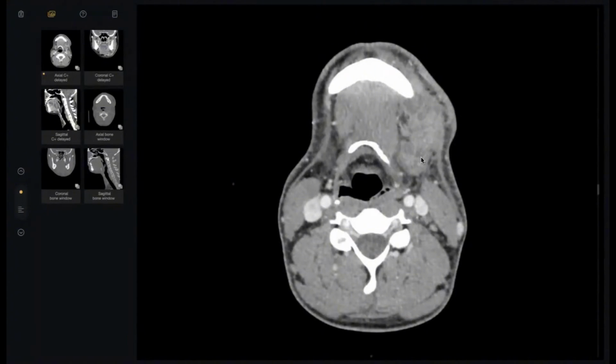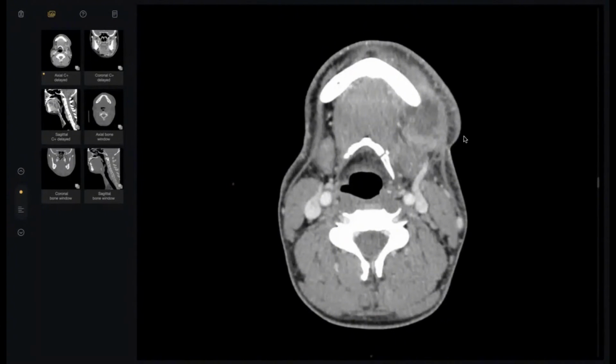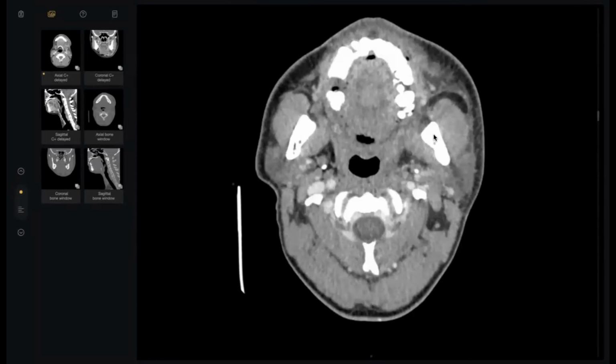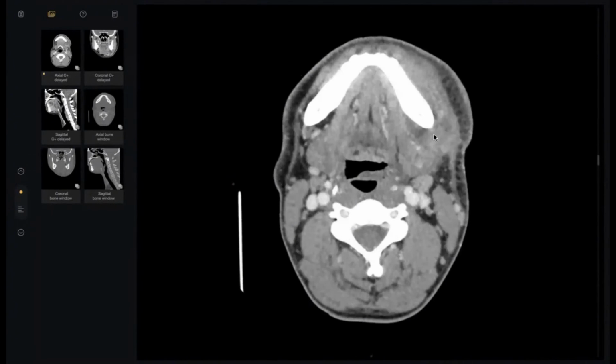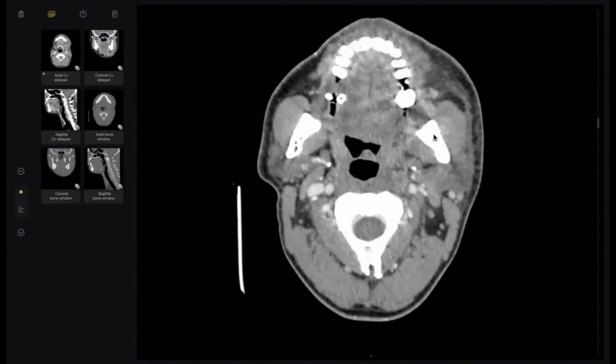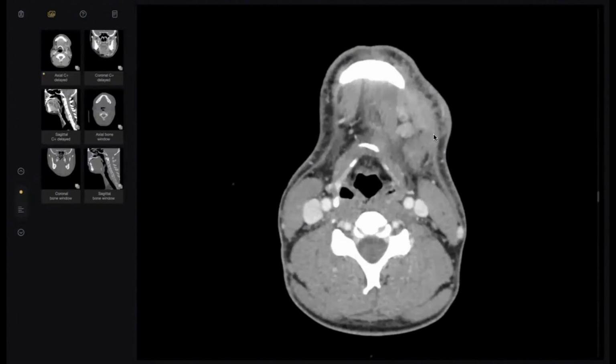Submandibular, yes, this gland is the submandibular gland. And this is the region of, what is the name of this region? Submandibular triangle. Okay. This is a submandibular abscess, or it may be in the masticator space. Both are correct.